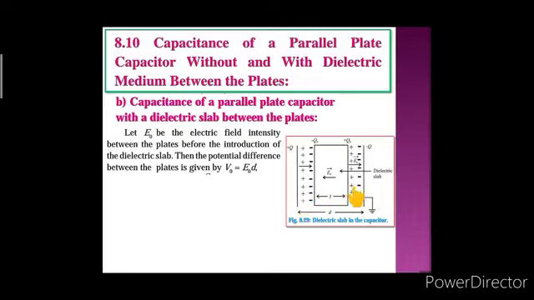In absence of the dielectric slab, the value of the electric field intensity between these two plates is E0, and the potential difference between these two plates is V0, which is given as E0 into D, where E0 is nothing but sigma upon epsilon naught and sigma is the charge per unit area. So E0 is written as Q upon A epsilon naught.